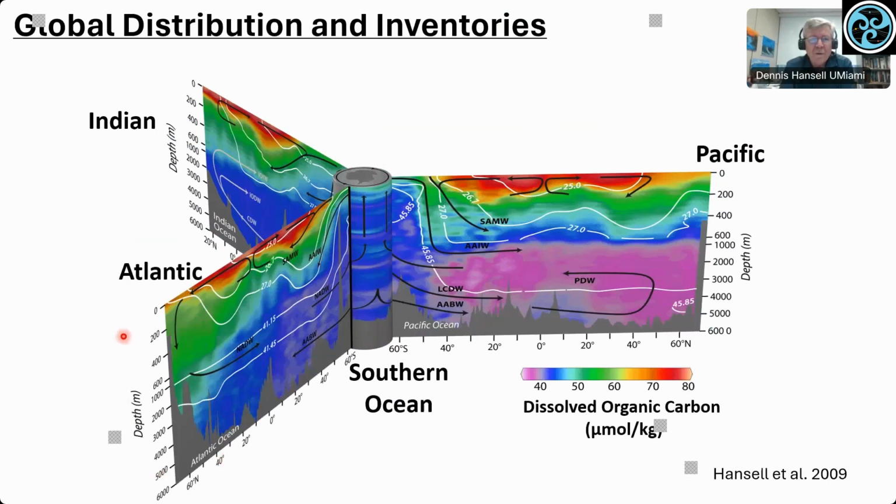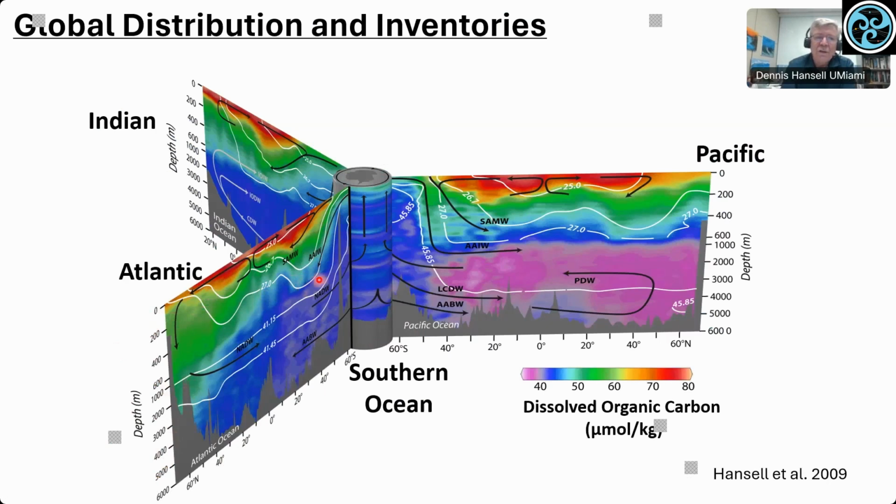And so this is 3 lines or sections. Here's the Atlantic, the Indian, and there's the Pacific. And I'm accentuating the upper 600 meters because that's where the newly produced material is up here, the greens and the reds. And then I have 1,000 to 6,000 meters down here at depth.